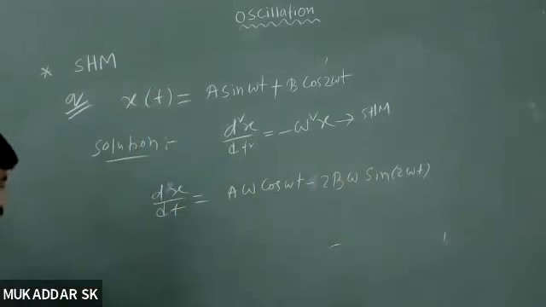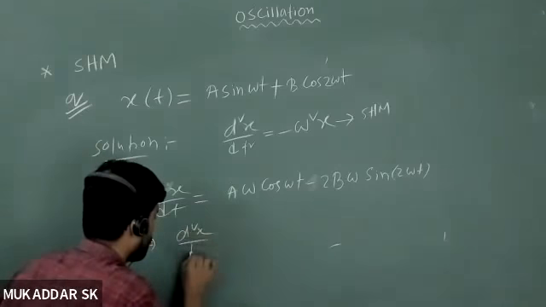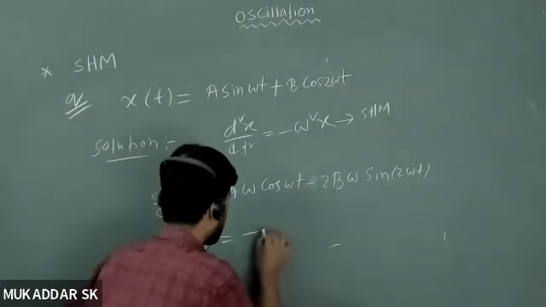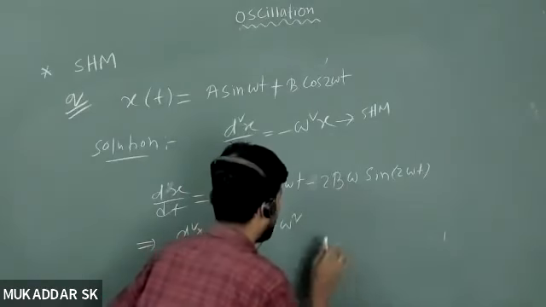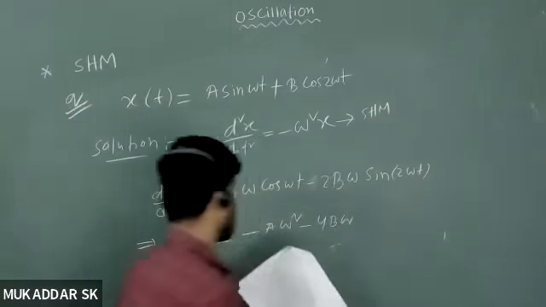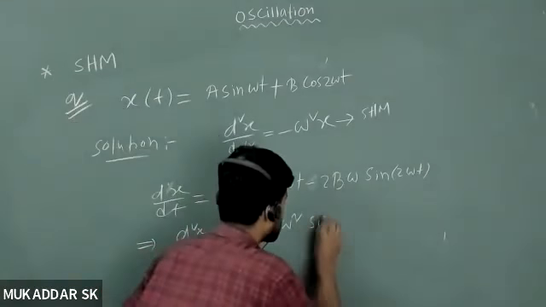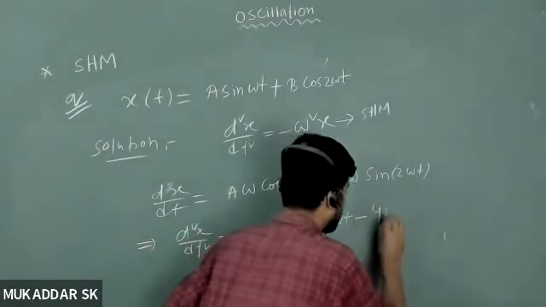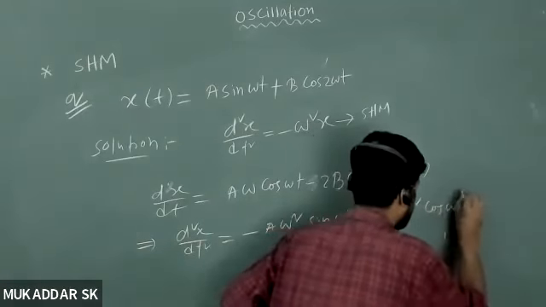If you differentiate further, del square x by del t square, you get minus a omega square sine of omega t, minus 4b omega square cos of twice omega t.